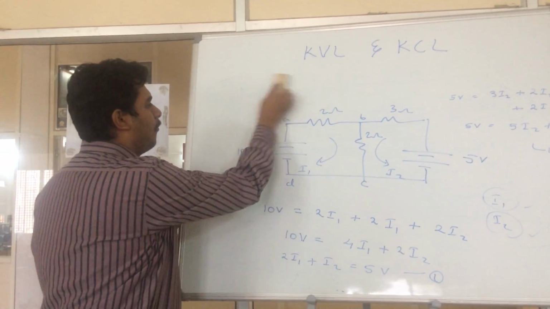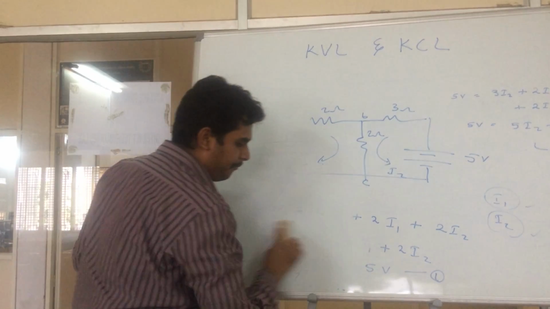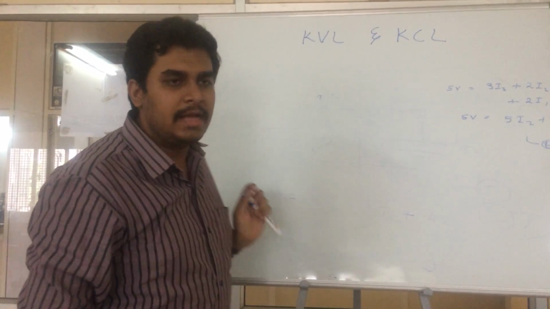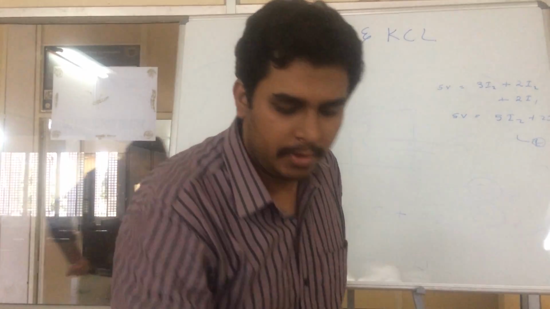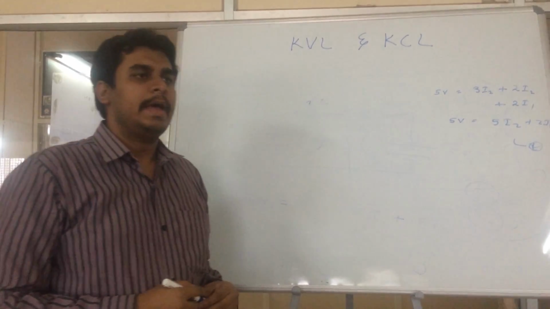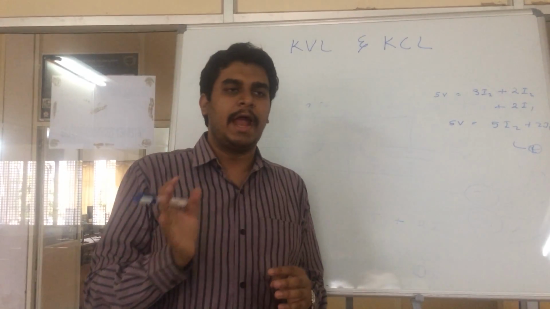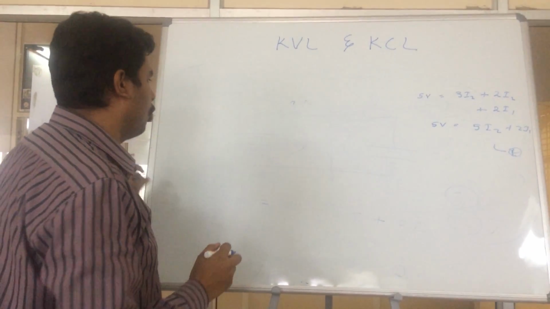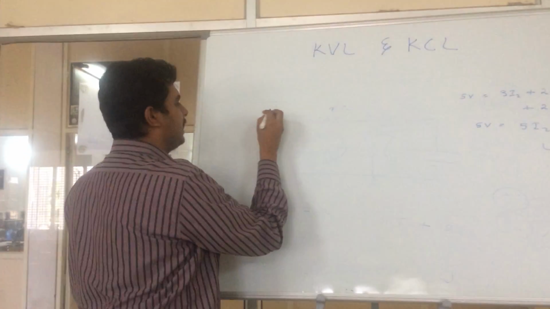Now I am moving forward to KCL. KCL is called Kirchhoff current law. It is defined as the sum of currents entering the node is equal to the sum of currents leaving the node. I'll give you a small example.